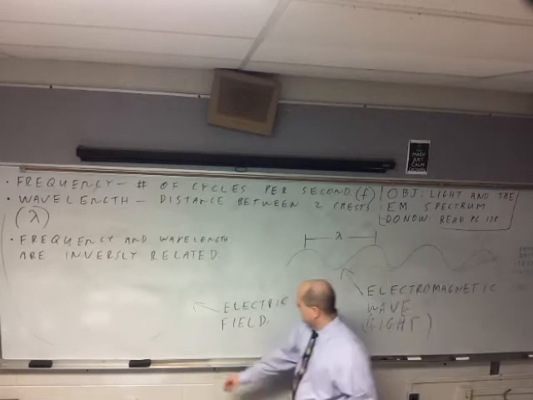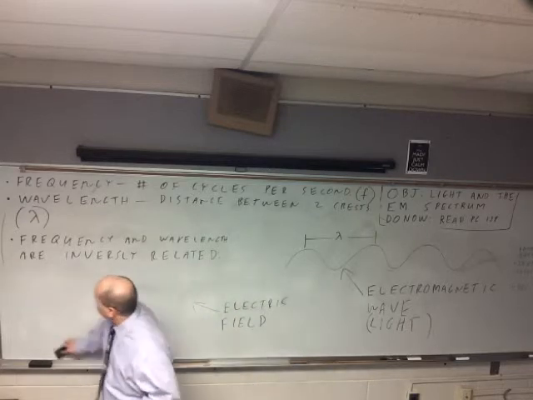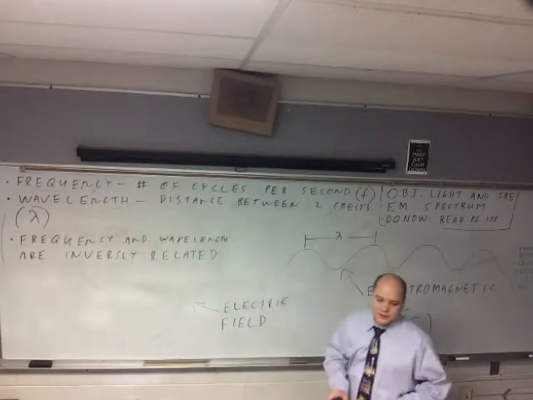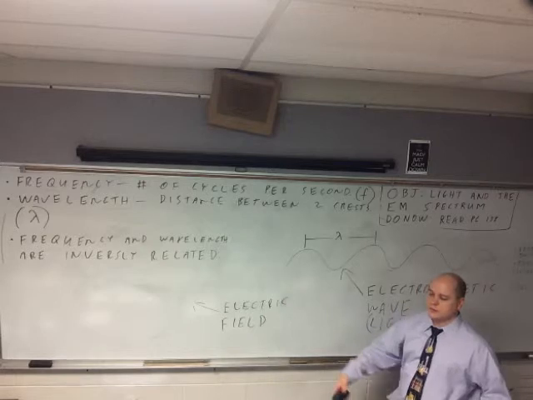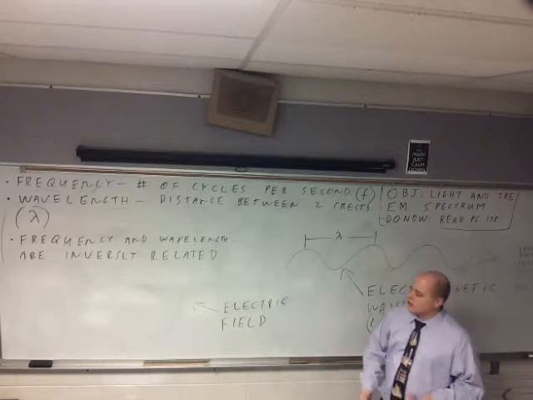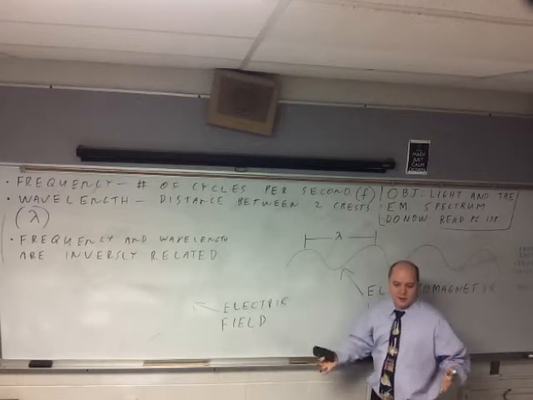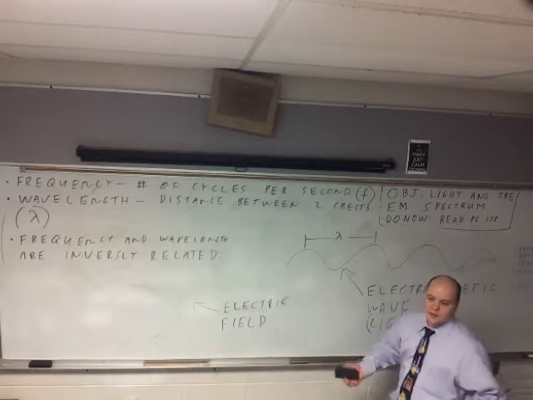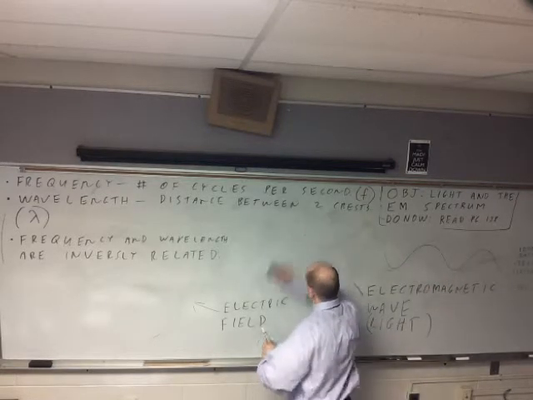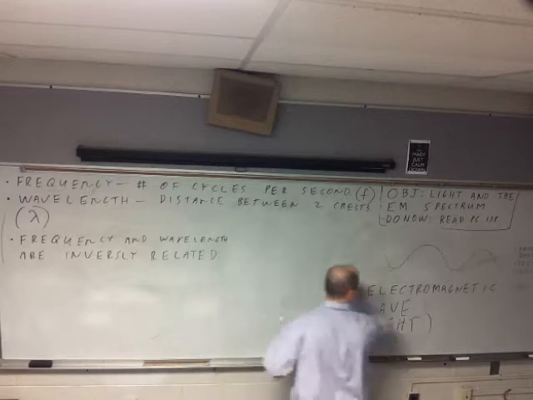Okay, now there are an infinite range of frequencies and wavelengths, right? From 0 to infinite waves per second or whatever. And so we've divided these up into sections so that we can deal with them easier. All right? And so I'll give you those different sections now.